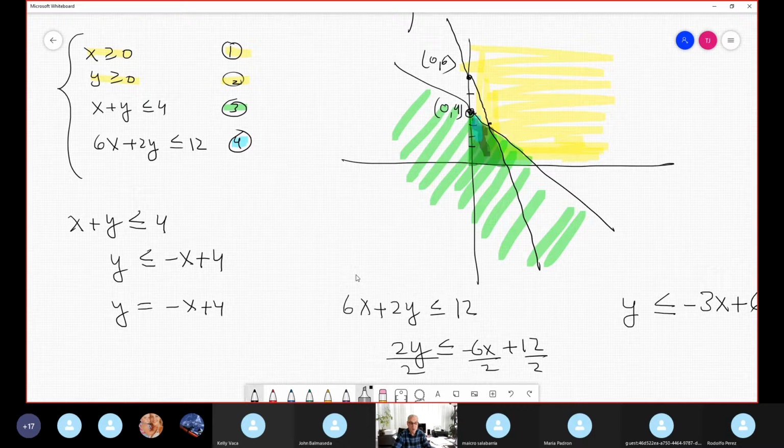By the way, you can determine the corners. This corner is 1,3. This is easy to determine because you consider equations 3 and 4 as a system and find the intersection. No big deal. This is 2,0, this is 0,0, of course, and this is 0,4. In this case, we have a quadrilateral with 4 sides. It's a polygon, and this is my solution.